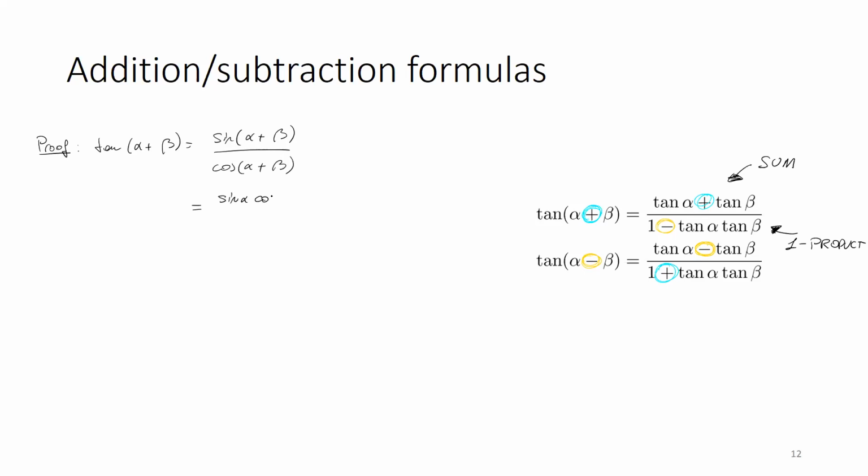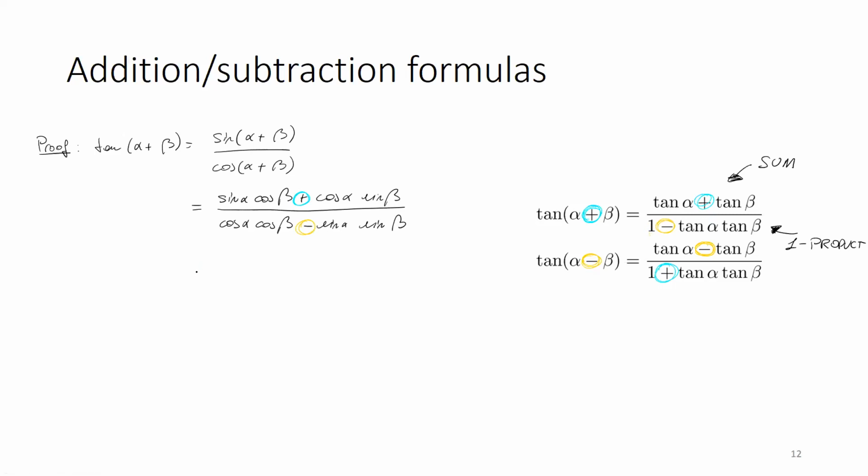So this becomes sine alpha cosine beta plus cosine alpha sine beta, over cosine alpha cosine beta minus sine alpha sine beta. And you start seeing that structure already a little bit. So here you have that plus sign that we want on the right hand side, and here you have that minus sign. The only thing is we want a 1 here on the right hand side.